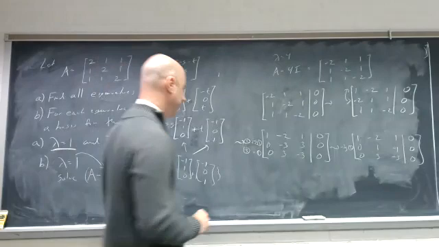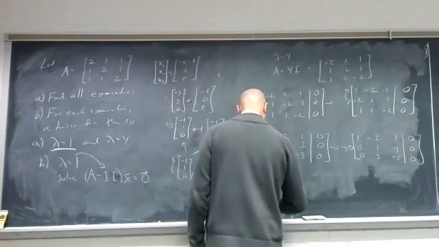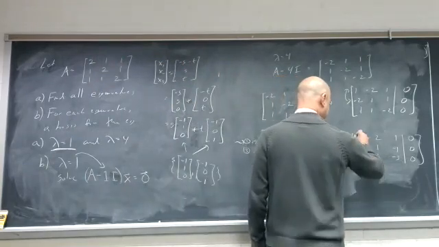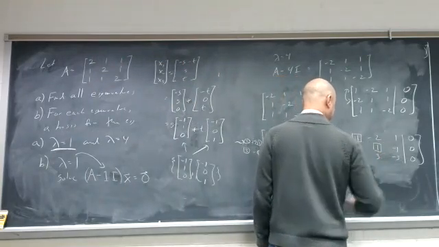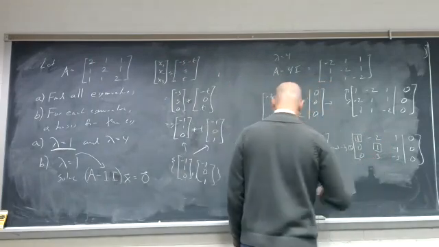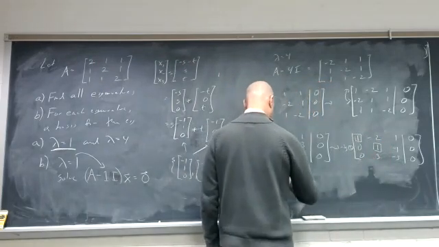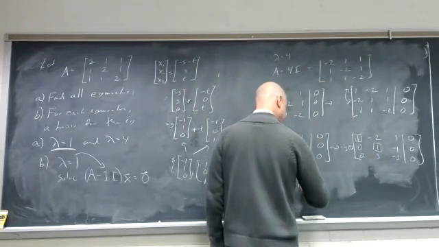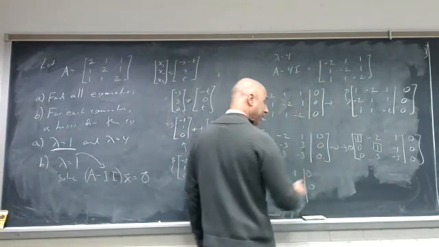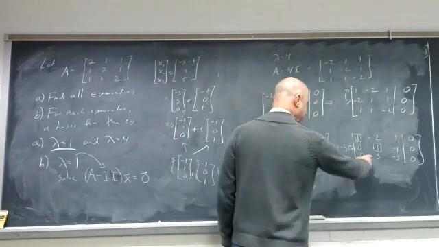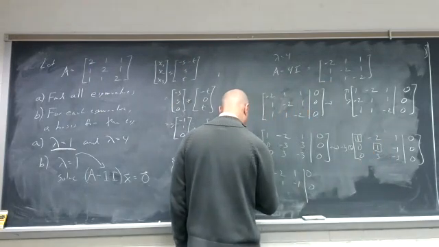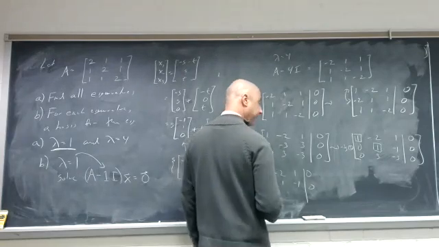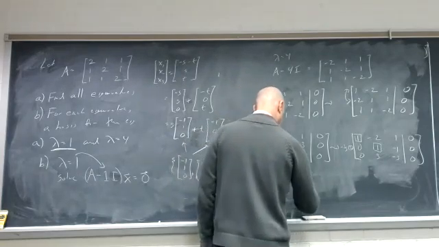Getting there. Let's see, I want a 0 below that leading one now. I see I have a pivot position there, a pivot position there so far. So I'm going to take 1, minus 2, 1, 0, 0, 1, minus 1, 0. And I will take row 3 and subtract off 3 times row 2. And that gives me 0, 0, 0.